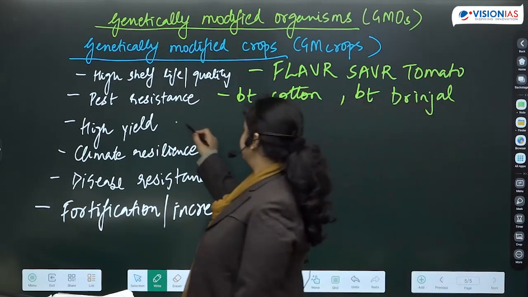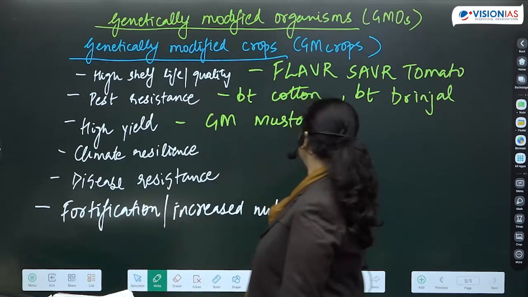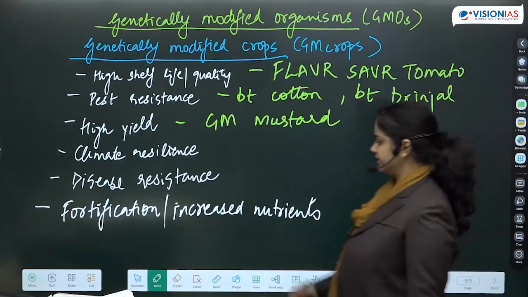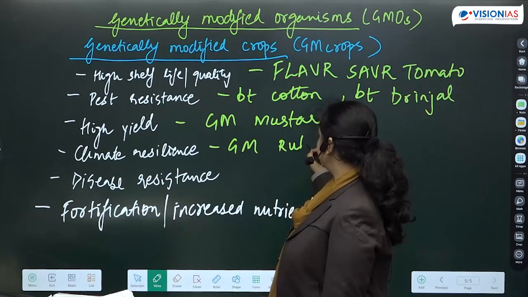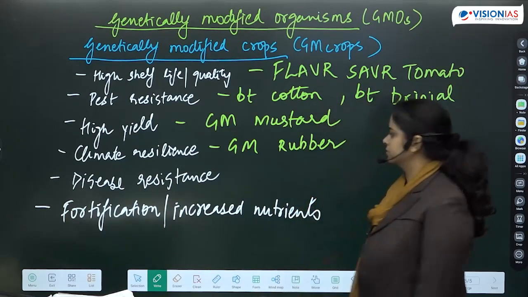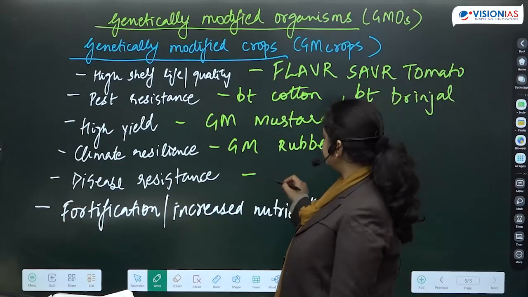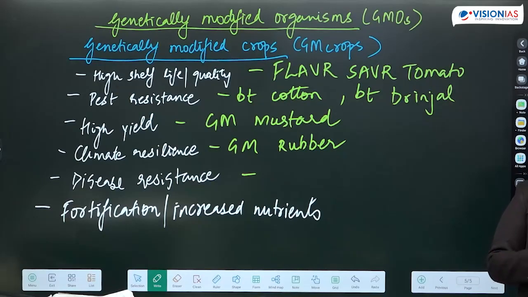For high yield, you have this crop currently in news, GM mustard. For climate resilience, in India we have created a variety of rubber. Disease resistance. See, in plants the most common disease is a fungal disease.